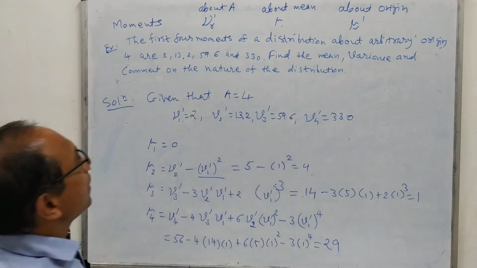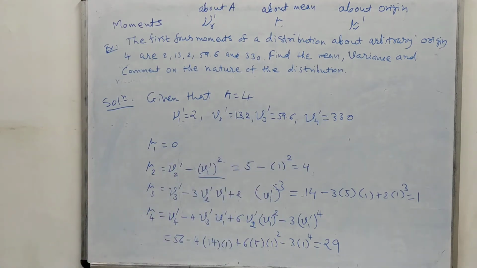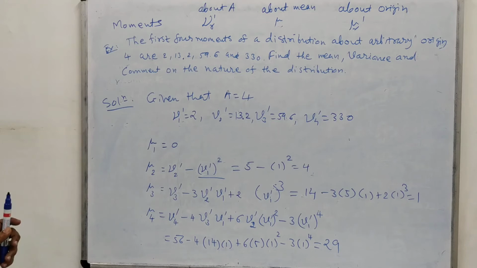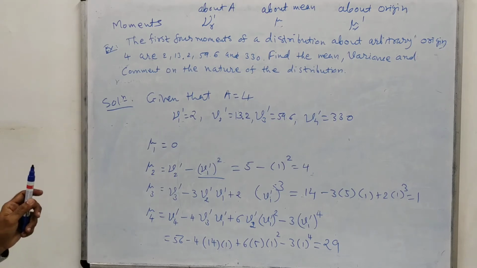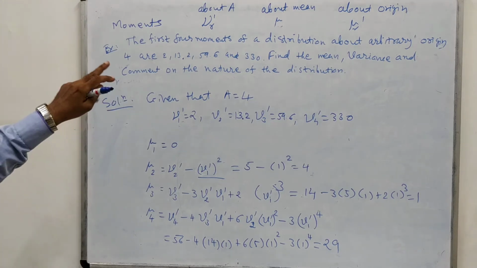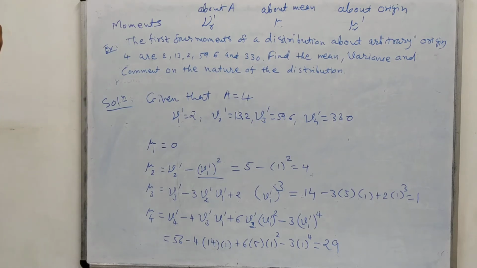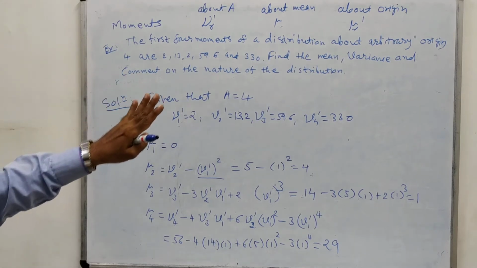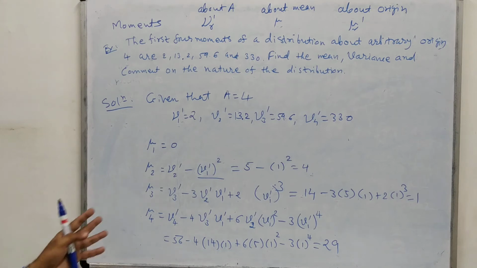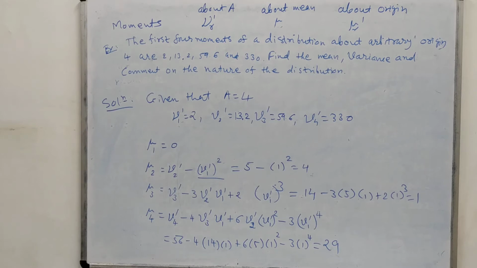Now, in the last example we were asked to find the central moments, that means the moments about the mean, but here the question is different. Here we want to find the mean, variance and the comment on the nature of the distribution.